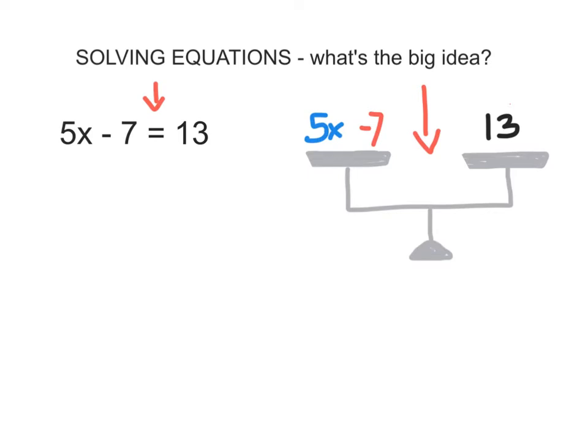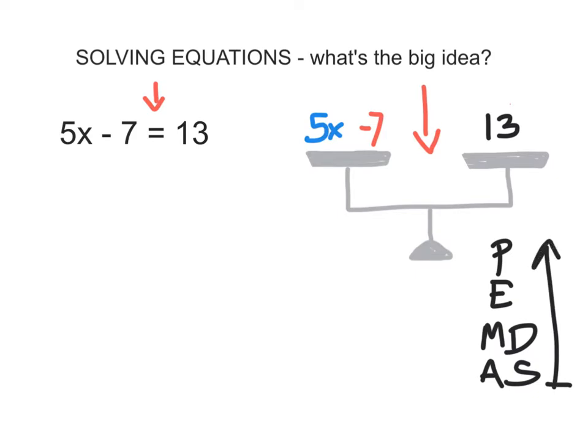Remember that PEMDAS is our order of operations, and that when we are solving, we actually use the order of operations in the reverse order. We're going to deal with addition and subtraction first, then multiplication and division, then any exponents we may have, and lastly parentheses. So we will start by performing any addition or subtraction to undo something from the equation.